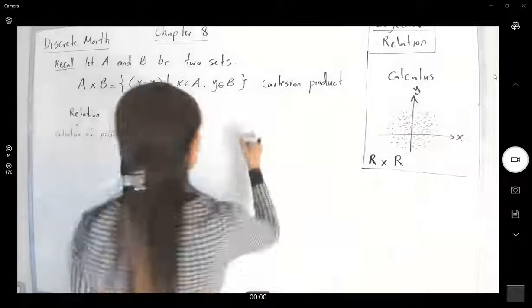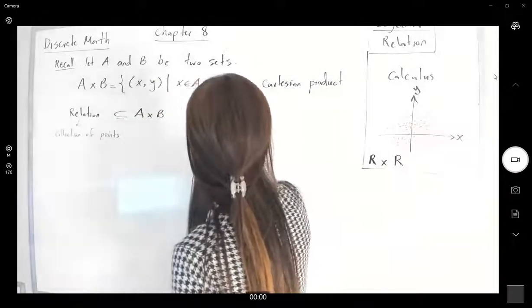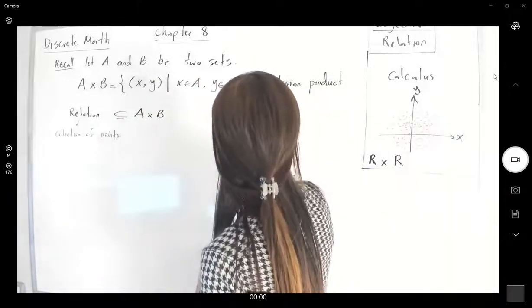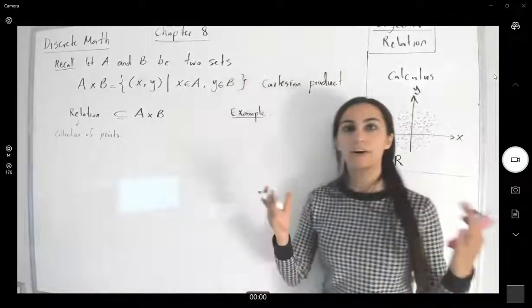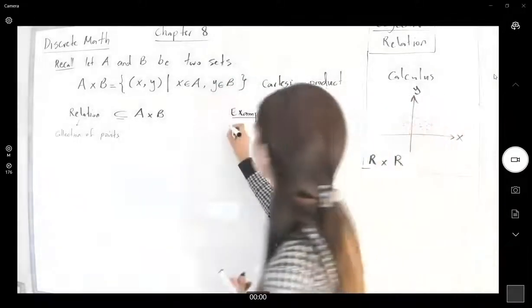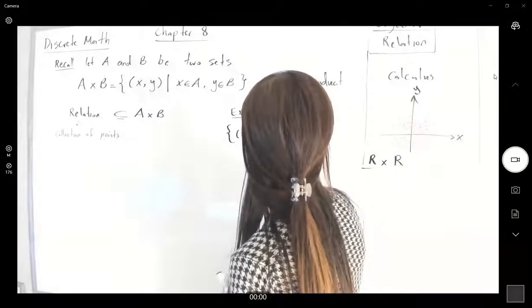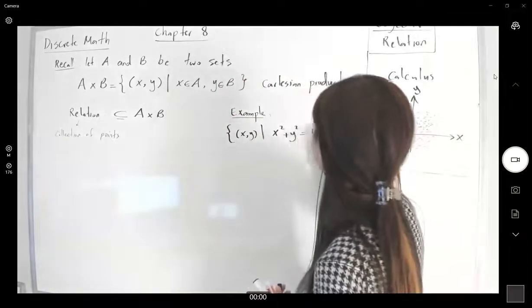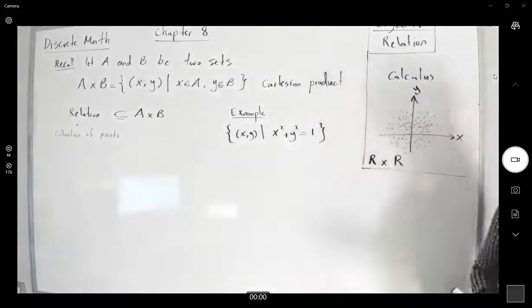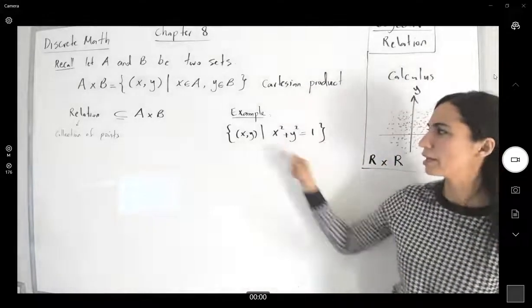So, for example, if I consider the set of all x and y such that x squared plus y squared is equal to 1, we say that, okay, I know this relation.